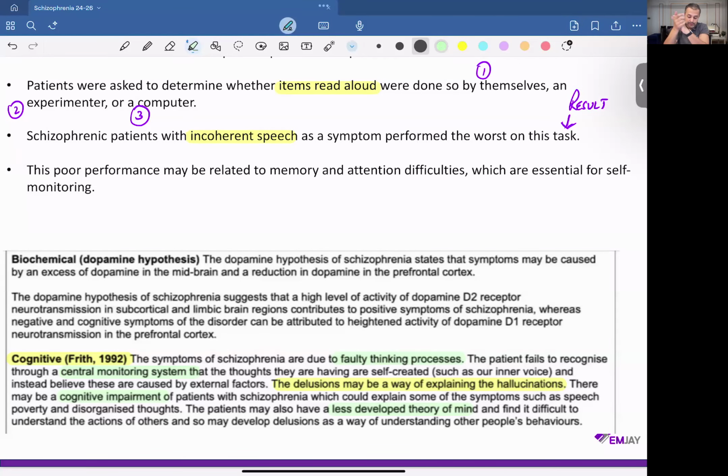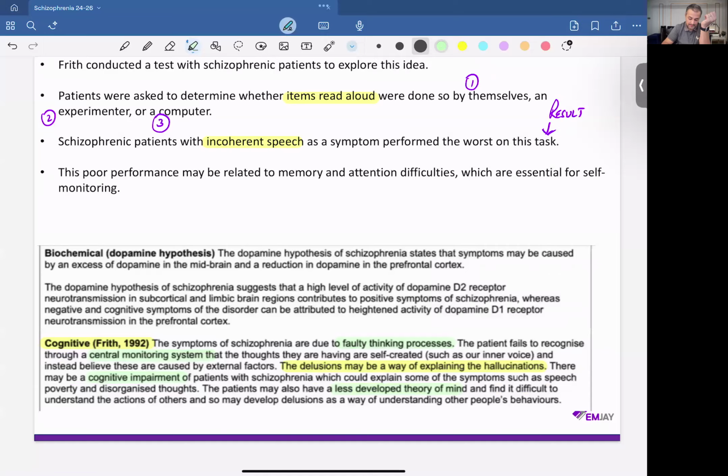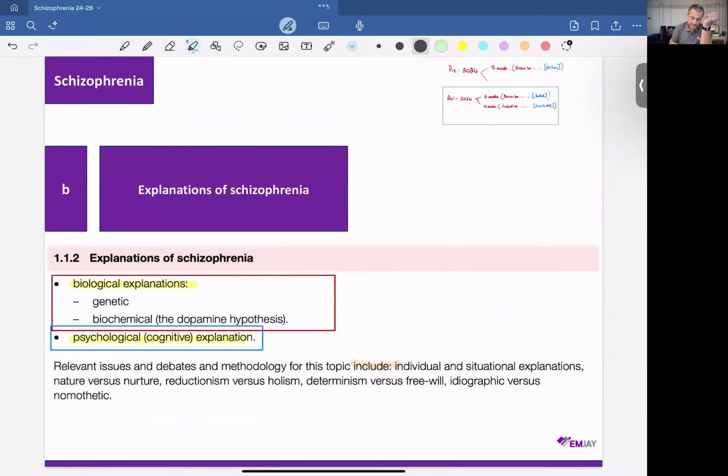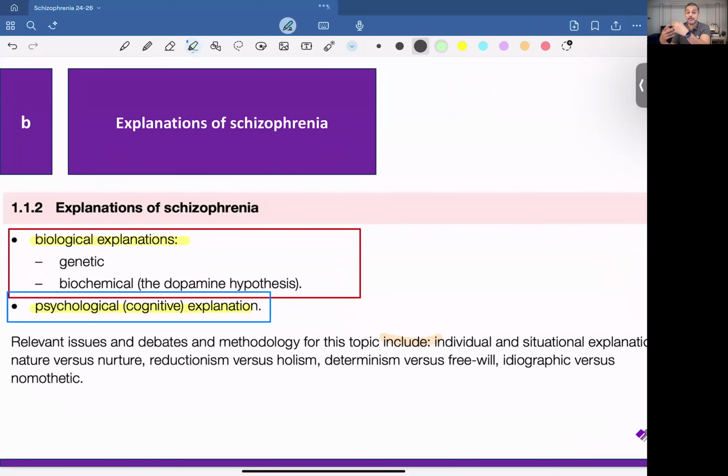For instance, you may get a question that says, describe the explanations of schizophrenia. You'd be expected to write worth 3 marks for this and worth 3 marks for this.